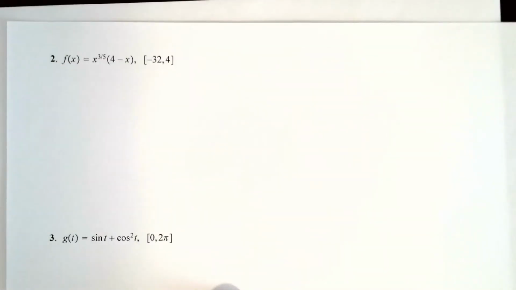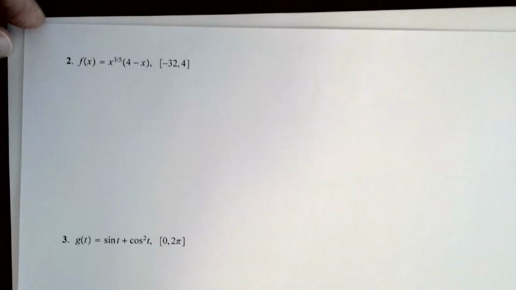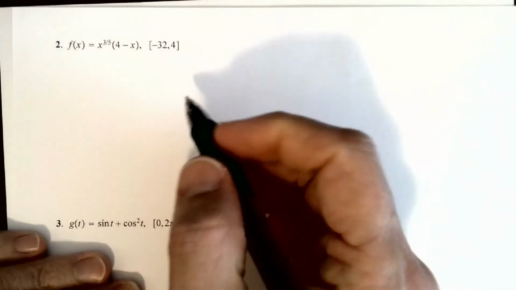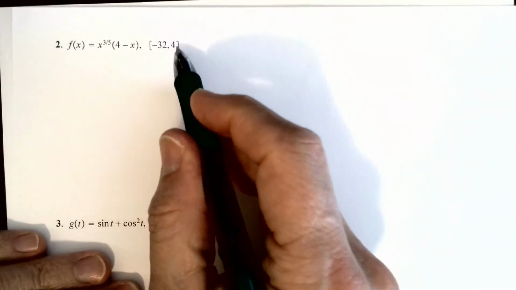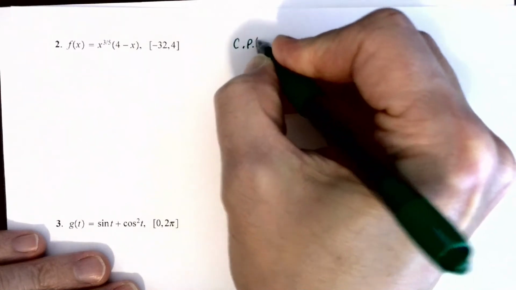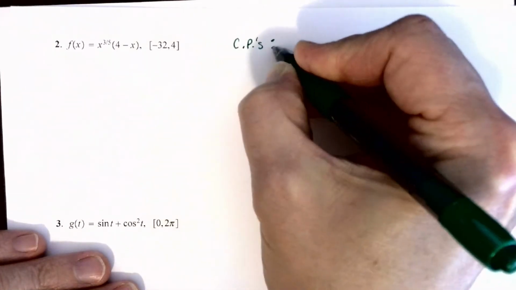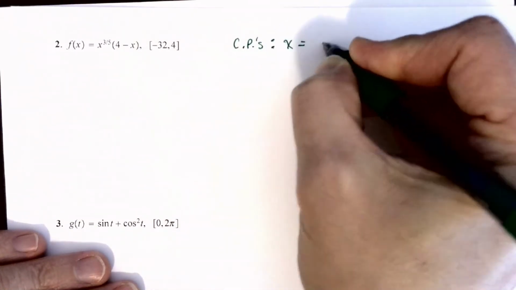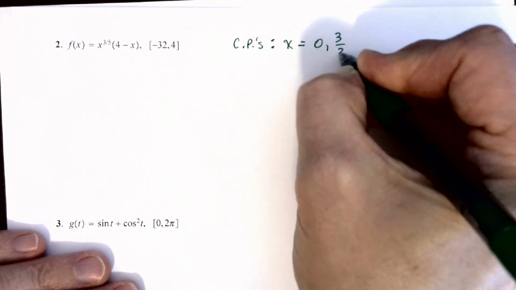So for this function, if you remember, we found critical points of 0 and 3/2. Are 0 and 3/2 both in this interval? Yeah. So we're going to include them both, right? 0 and 3/2 are both in this interval.